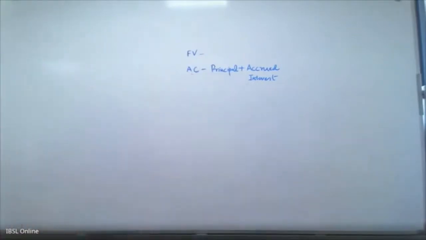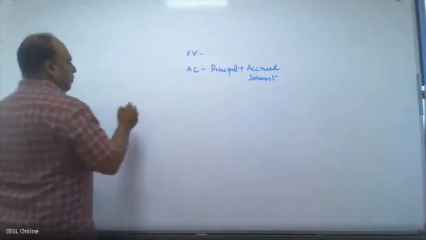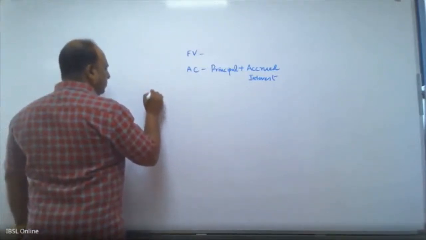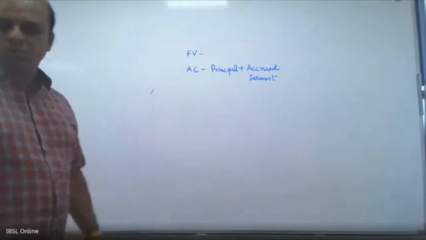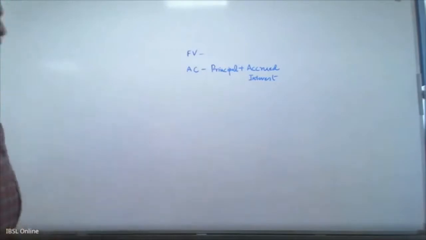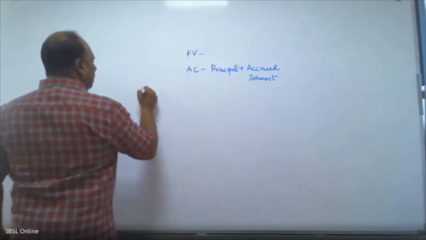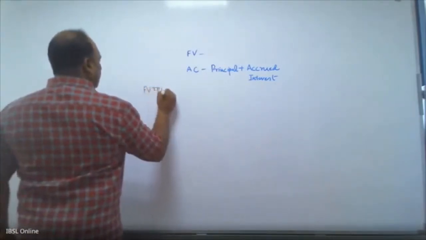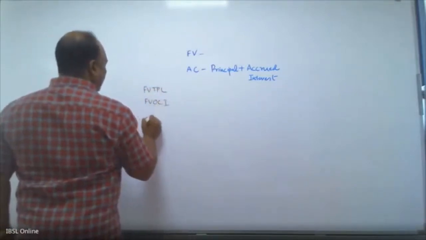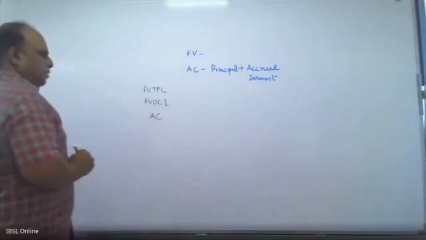That is one. Then we also looked at the classification criteria where we have three, namely fair value through P&L, fair value through OCI, and amortized cost.